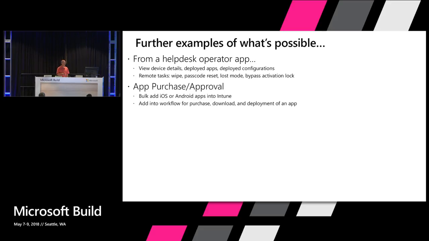When customers purchase and approve applications, we have no app approval or workflow in Intune for that. So if an end user requests some particular application, which may be a fairly expensive application, could be a Windows application that costs several $100s, oftentimes that needs to go to a manager for approval and to the purchasing department. And all of that workflow really ends up wanting to loop back to the requester the deployment of the app.